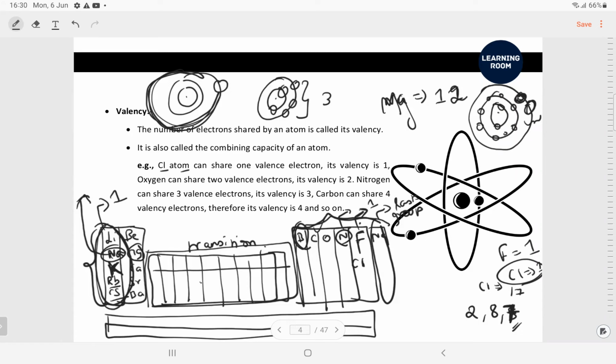From that you can go in increasing order: lithium 3, beryllium 4, boron 5, carbon 6, nitrogen, oxygen, fluorine, and noble gases.